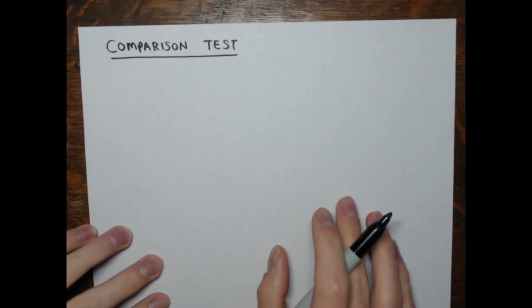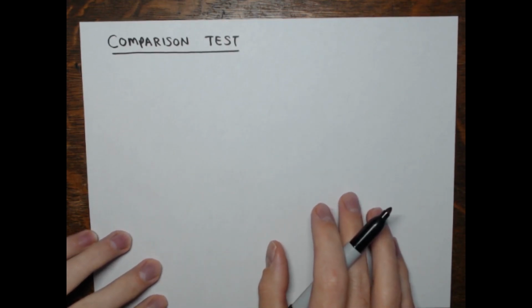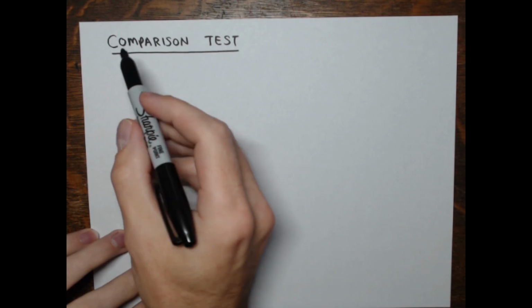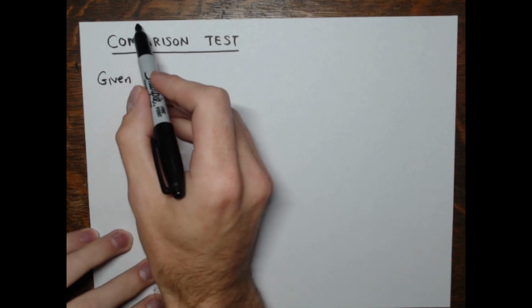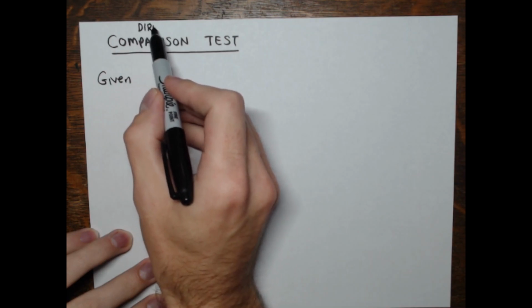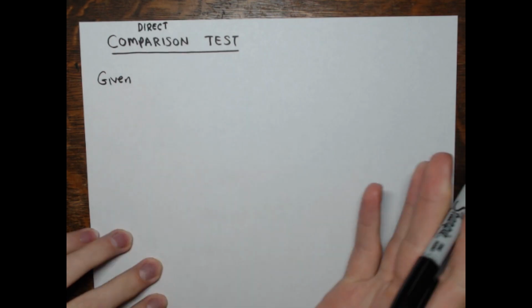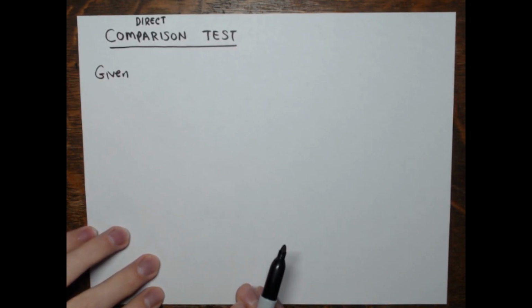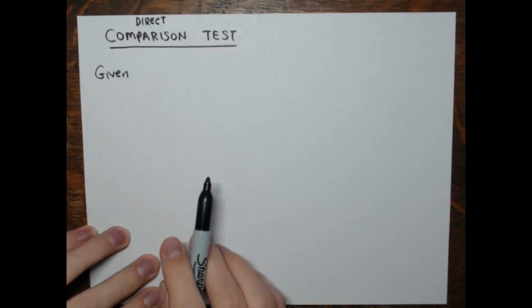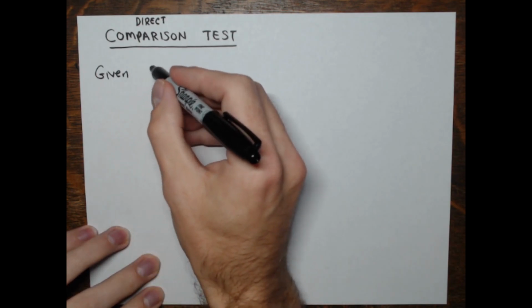And then you did what happens to their ratio as n goes to infinity. Sometimes this is referred to as the direct comparison, because you've got limit comparison. People might get confused if you just call this comparison. So we'll do a direct comparison.